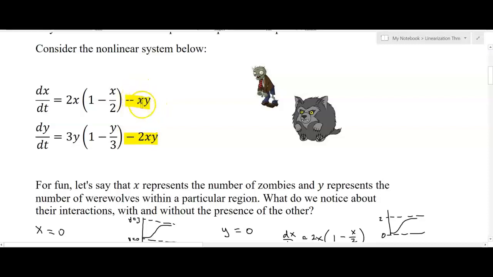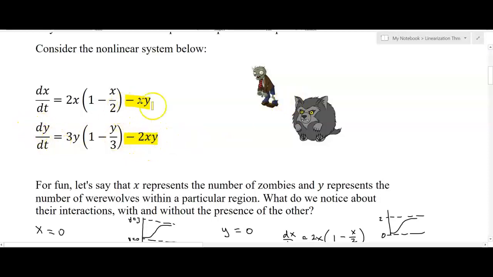If x is really large and y is really large, then the product is going to be really large, and that's going to create a big negative contribution to dx/dt. So it's the interaction, the fact that if these two beasts are in too close of proximity, their interaction actually leads to destruction of both species.